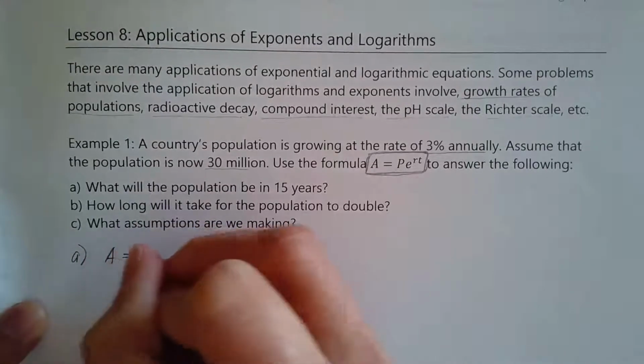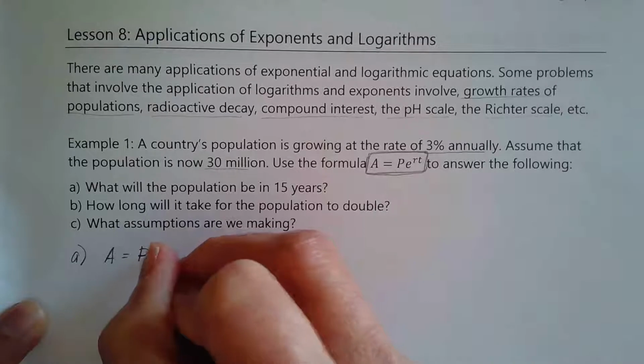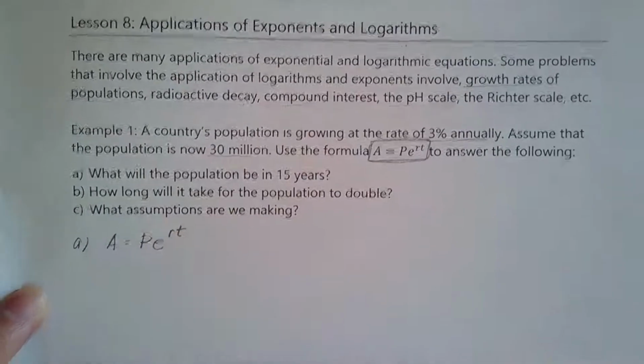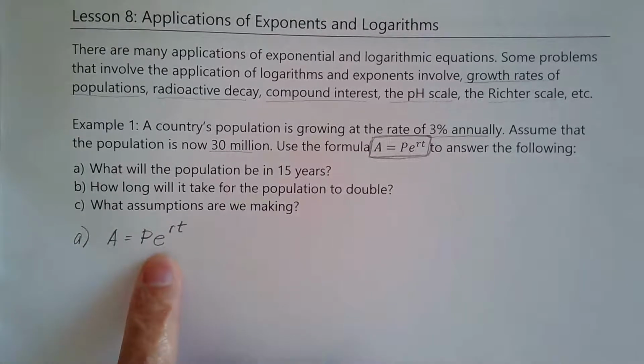A equals P times e to the exponent rt. We already know what e is, the base e.